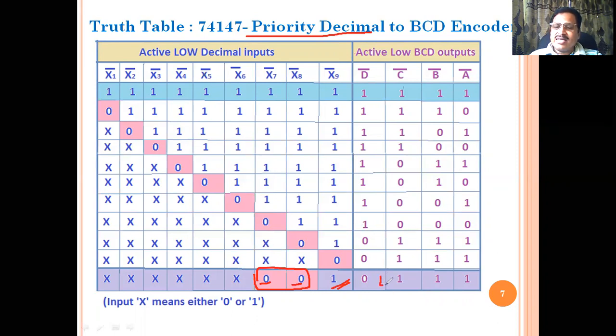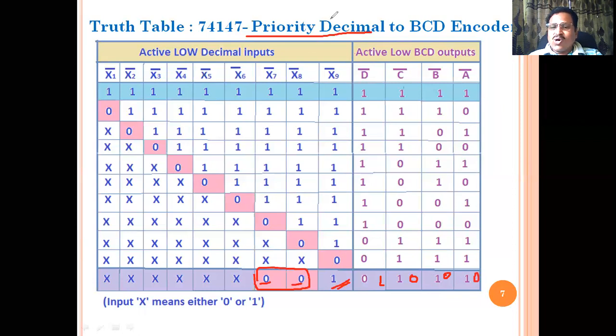In the active high condition, the BCD code for decimal 8 is 1, 0, 0, 0.